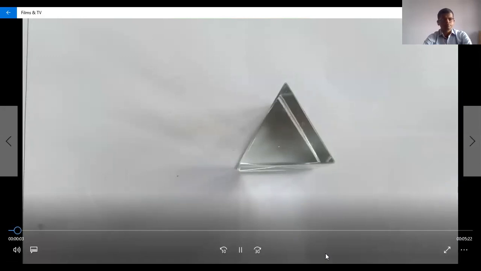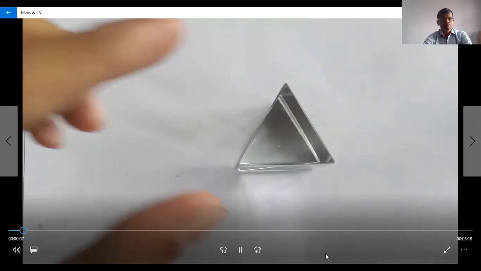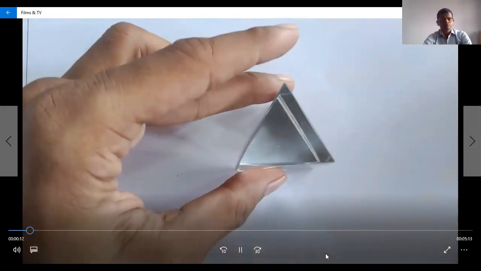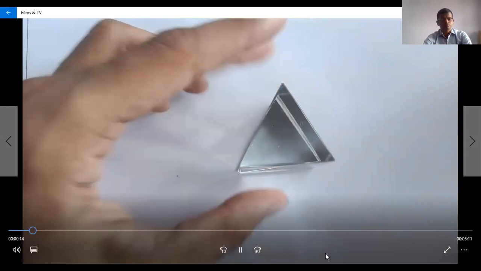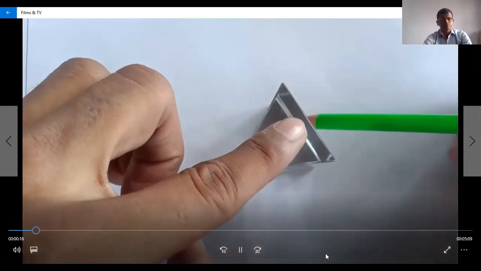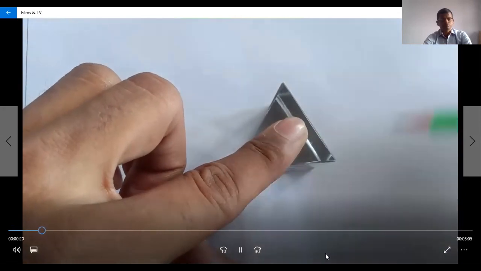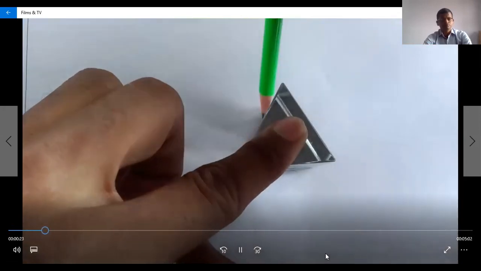So how to perform the practical? It is drawing based. First we put one drawing sheet and use one prism. We put this prism in the center in landscape method. Then we mark three surfaces: the first surface, second surface, and the third one.